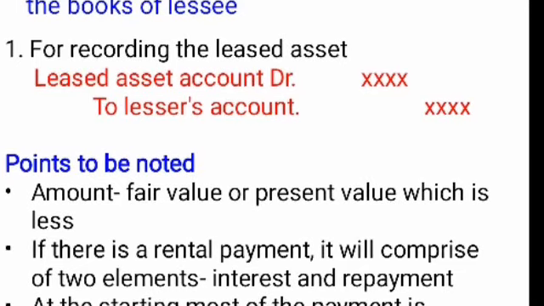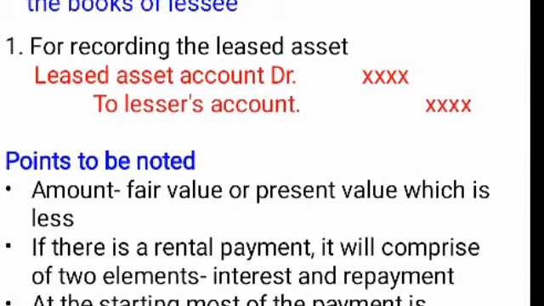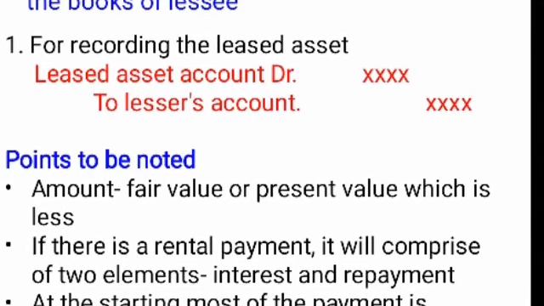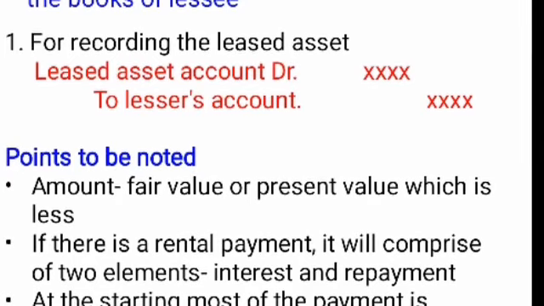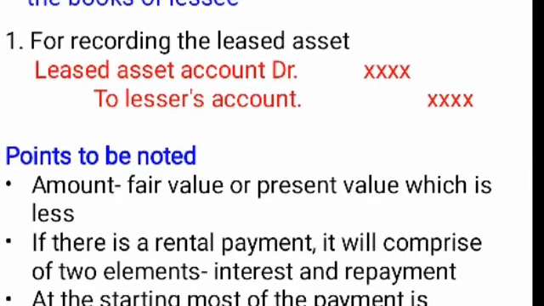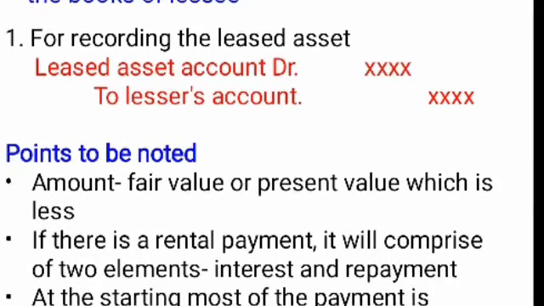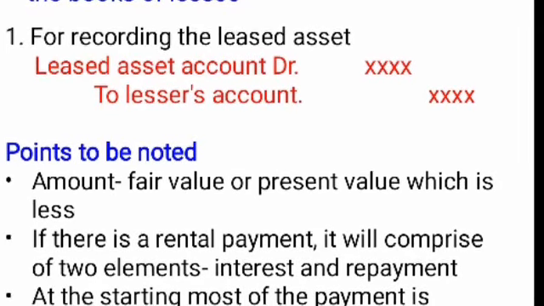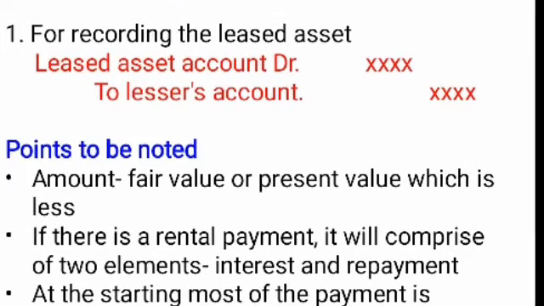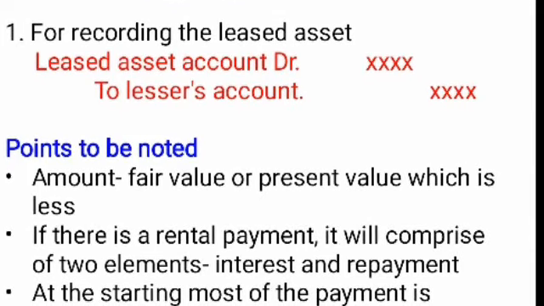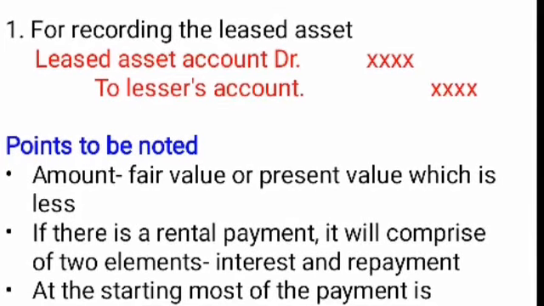Then some points are to be noted. First one, if both amounts are given, we should take the present market value or fair value, whichever is less.